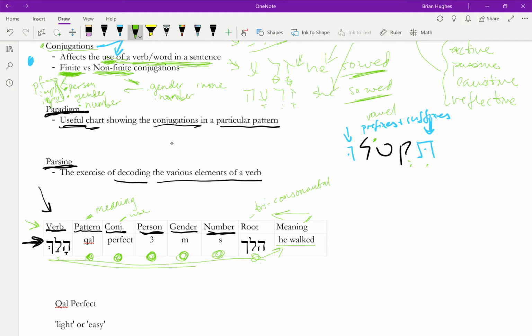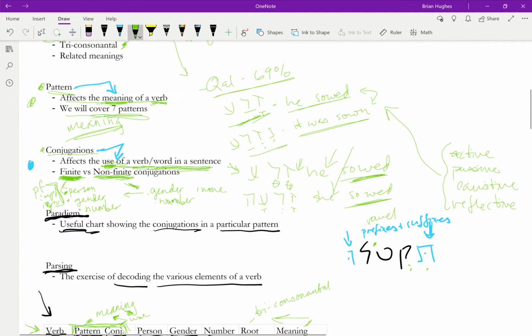Or now we're going to learn this conjugation and see how it fits into these patterns, or how it changes and is expressed in different patterns. Or here's a new pattern, and now we're going to look at all its different conjugations. So we'll be doing a lot of this in the rest of the course, and this box will become very familiar to you.